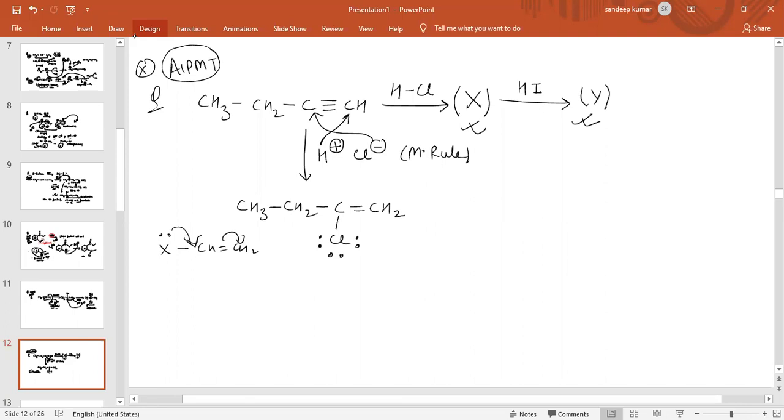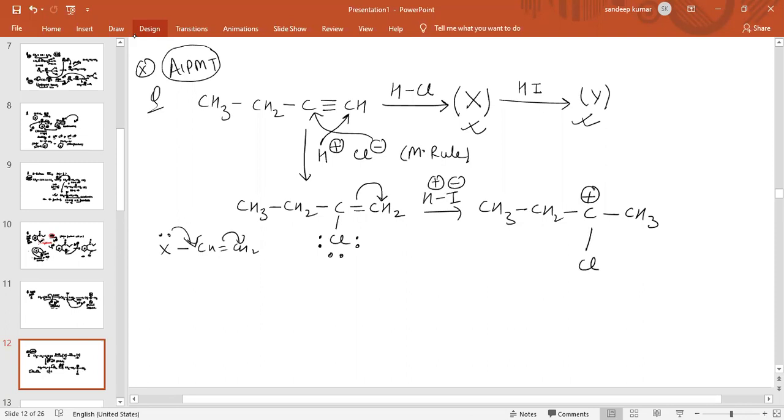So positive charge will come on this carbon atom, and the electrophile attacks at this carbon atom in the next step, because there is addition of HI, which is H positive and I negative. So this is obtained.